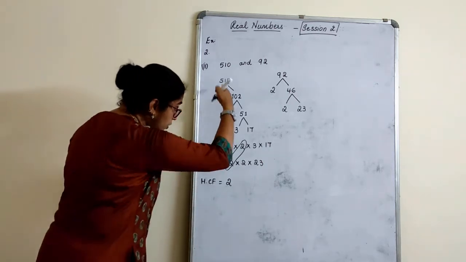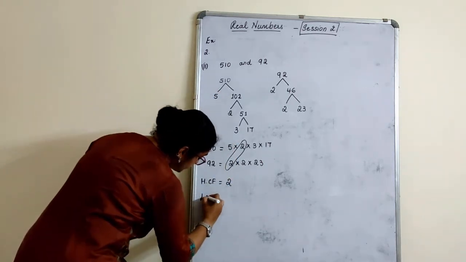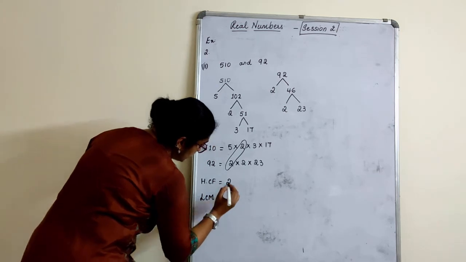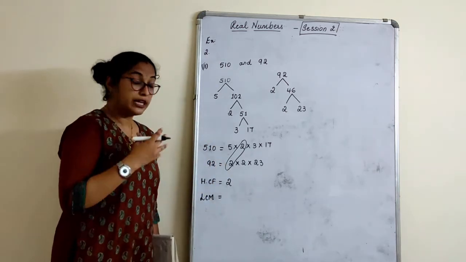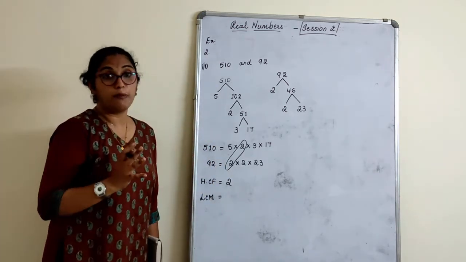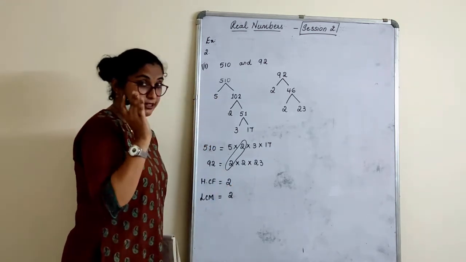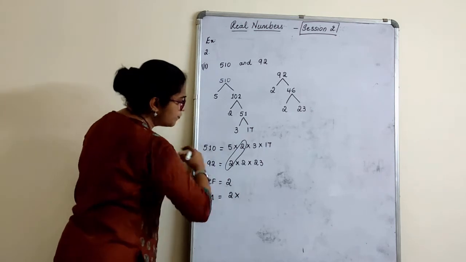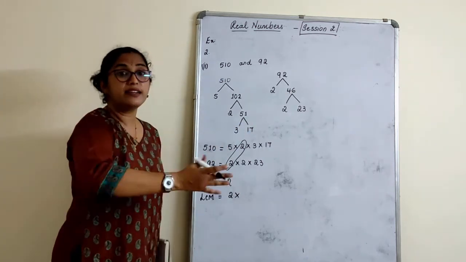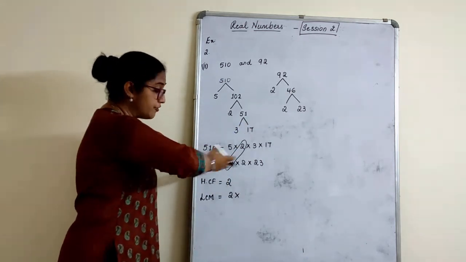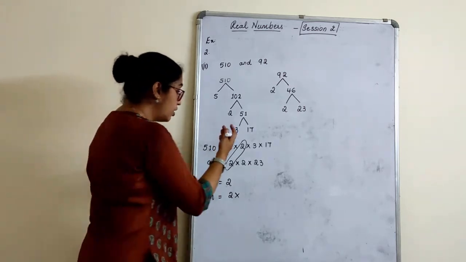Now, LCM, I will teach you two methods of doing. First of all, using this only we can find LCM. How? See again. First, for LCM, write what is common in both. What is common? 2 is common, right? Write it down. Then write the remaining terms, what is not common, in the remaining factors of 510 and 92. What are they?